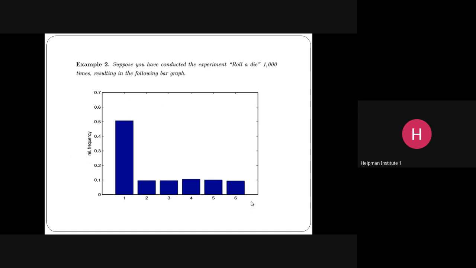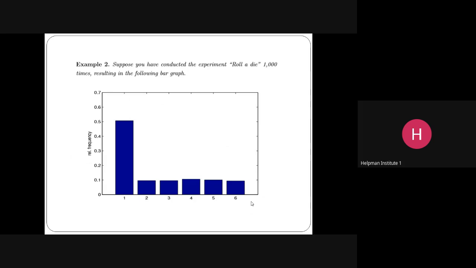Here we see that a 1 has a relative frequency of 0.5, which means a 1 occurs half of the time when the die was rolled, and half of the time is 500 times.